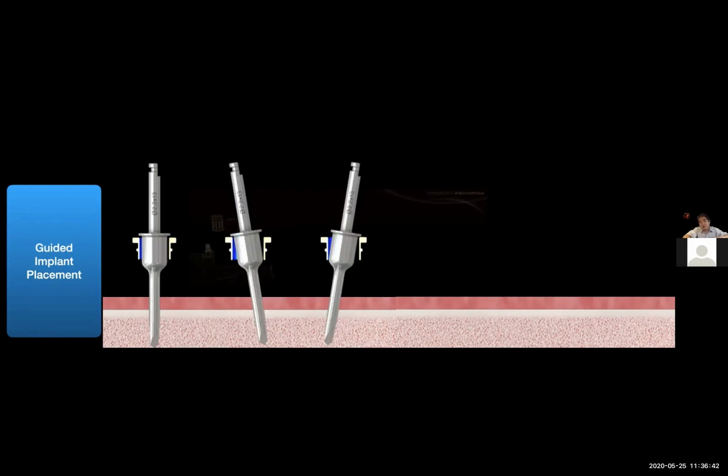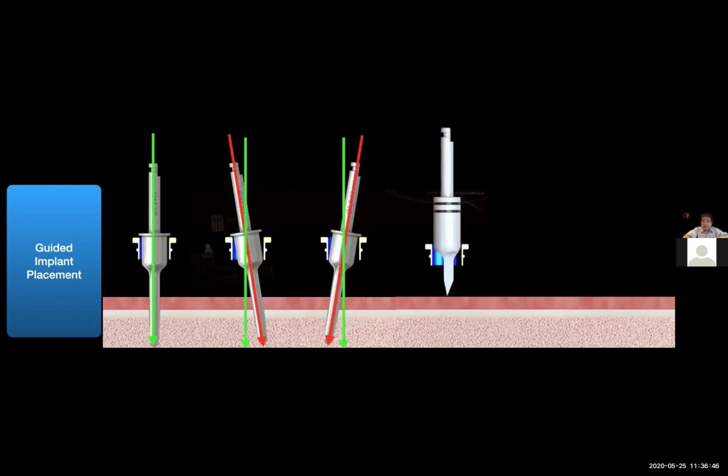So after a lot of trial and error at Neo Biotech, we developed this early engagement model. So before we actually drill, as you can see over here, the cylinder part is engaging the sleeve, and it's going to hold it. After much trial and error, we decided that about 49 micrometers up to 51 micrometers is most accurate, and it is okay for the clinician to find the path of insertion.